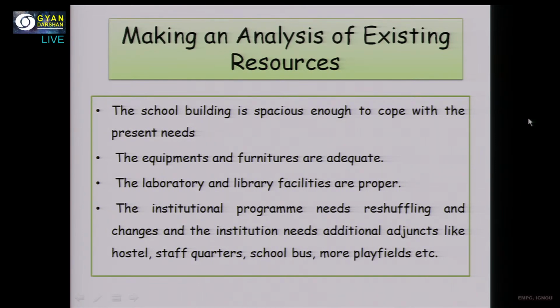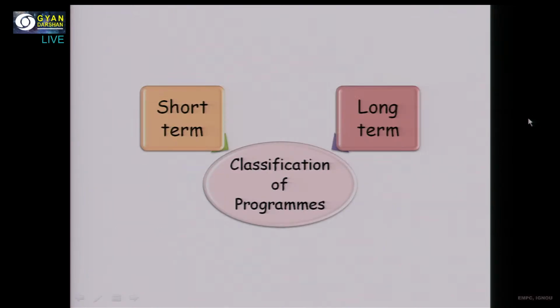Then the institutional program needs and reshuffling and changes, and whether the institution needs additional adjuncts like the hostel, the staff quarters, school bus, more playfields, etc. Such type of analysis of existing resources is important.